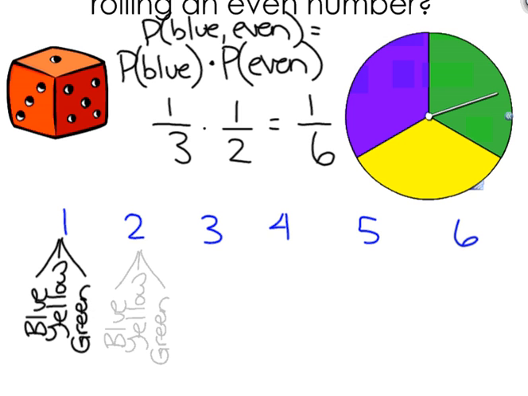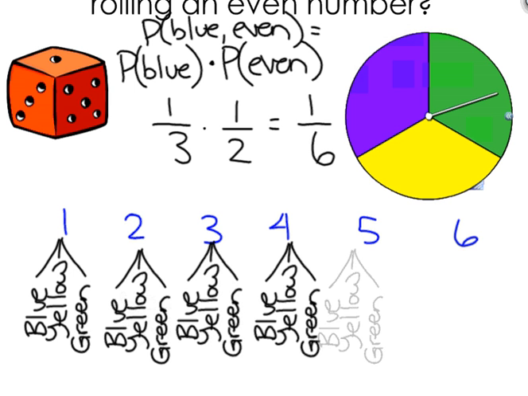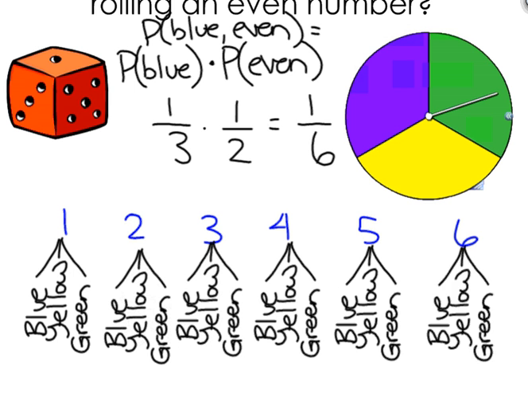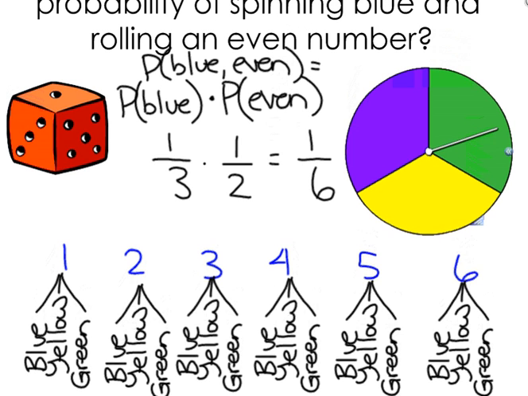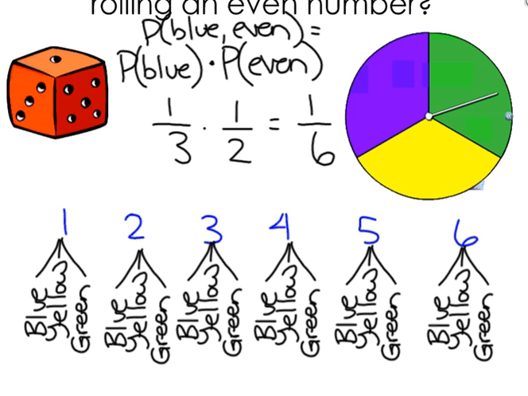So that would look like this: blue, yellow, and green coming off of each of the possible numbers. And so if I want the probability of first getting blue and then getting an even number, that would be even down to blue, even down to blue, even down to blue.